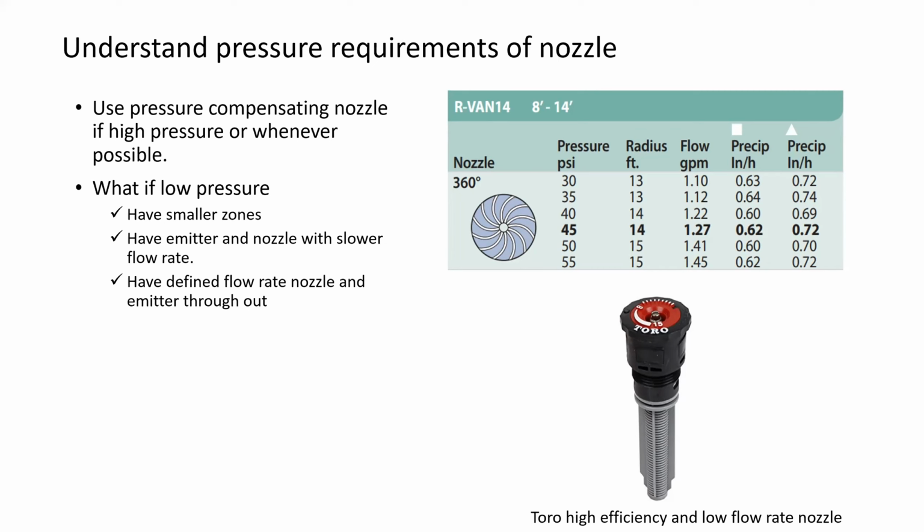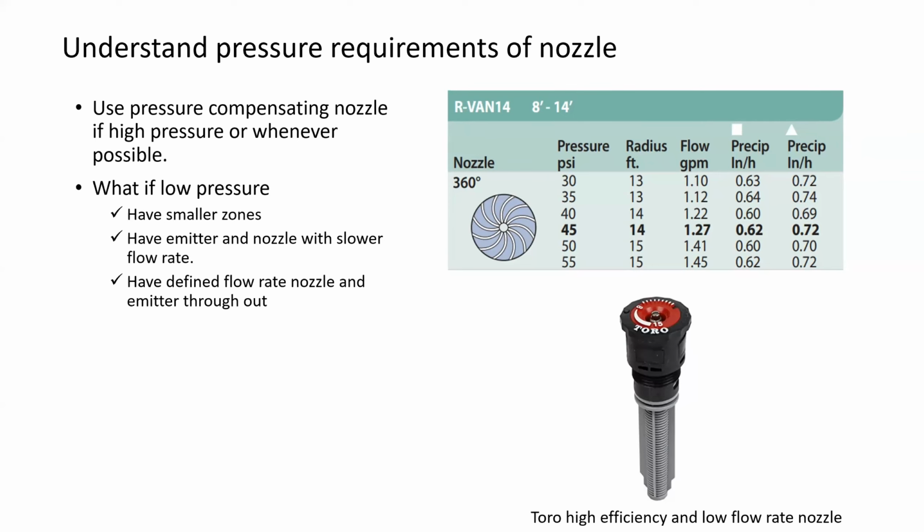If the pressure that you have on your farm is lower, you can divide into more smaller zones and do alternate watering. Say you water this zone at 1 o'clock and the other zone at 2 o'clock. That way you would not be running a big zone at the same time.